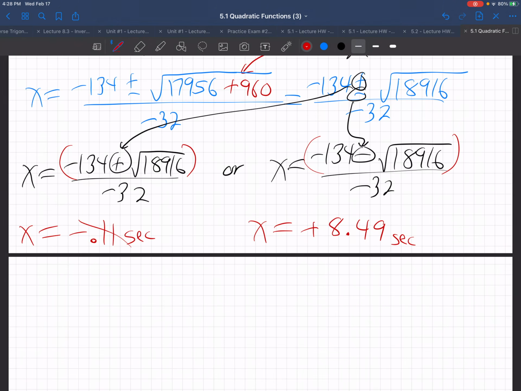Now notice this one is negative. Cross out negative time, because again, this is time.